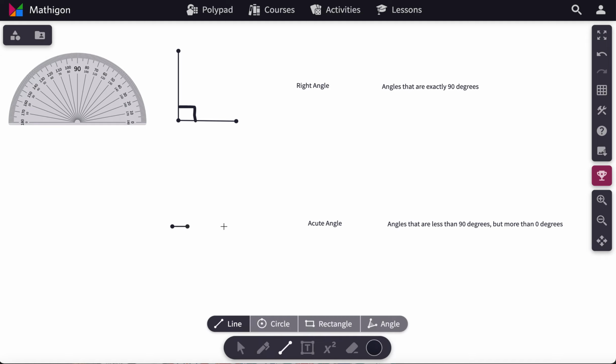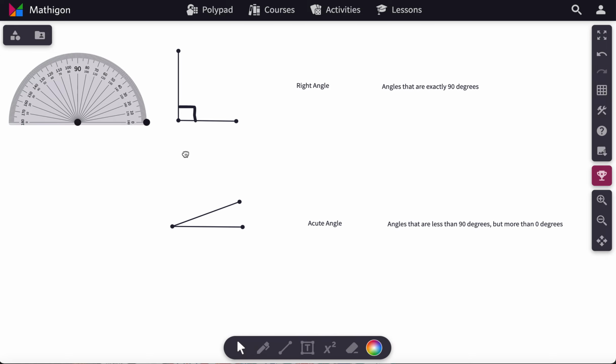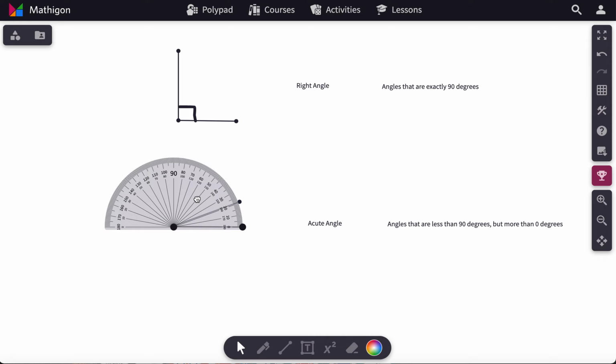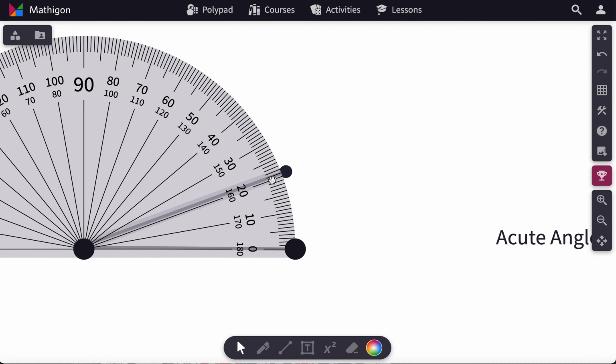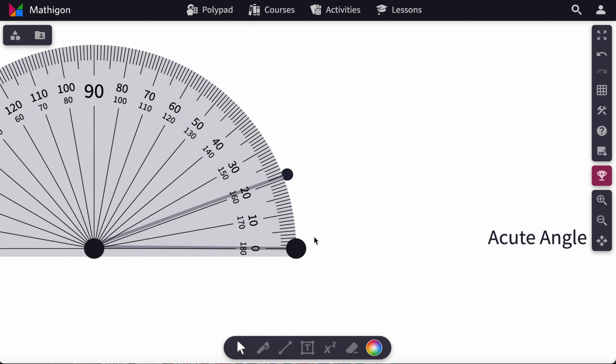I'm going to create one line right here in the bottom, and I'm going to create another line right here. And I'm going to pull my protractor over. I'm going to line up my vertex right there in that center dot. I'm going to line up my 0 degree line, which is just like that. And we can see that this angle, if I was to zoom in, measures about 21 degrees. So this angle is 21 degrees.